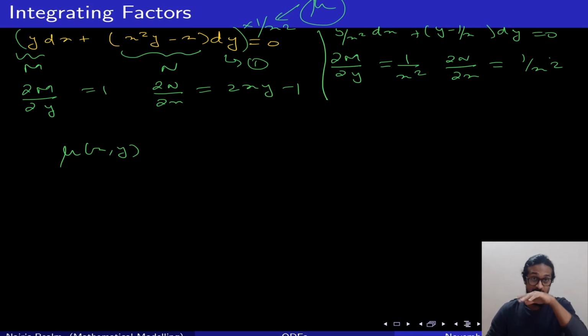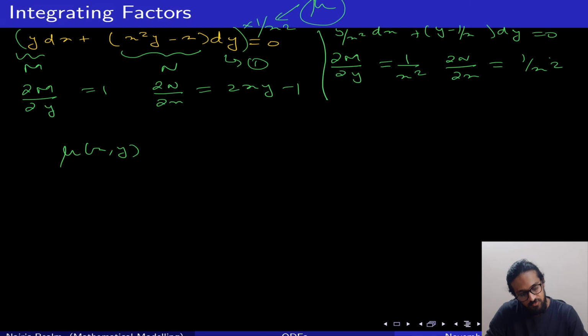Now there could be infinitely many integrating factors for any differential equation, but if we're able to find even one such integrating factor, then we'll be able to convert it into an exact differential equation and solve it. So the purpose from the perspective of solving a differential equation is to find any one such integrating factor.